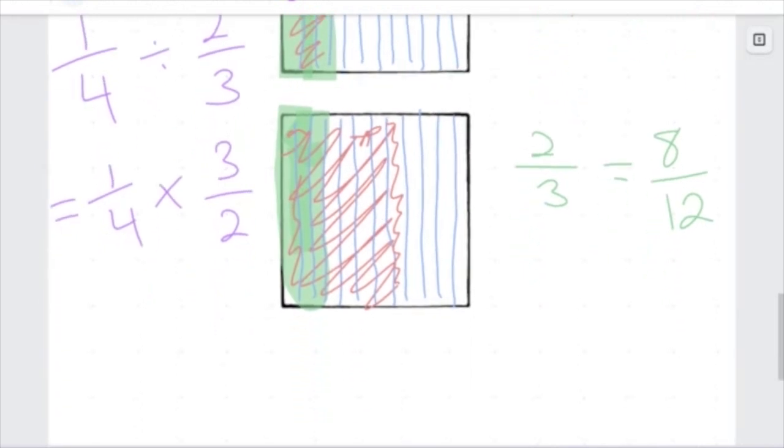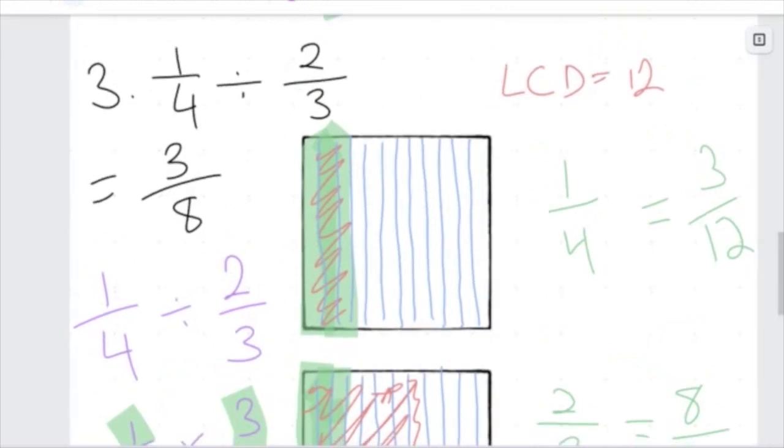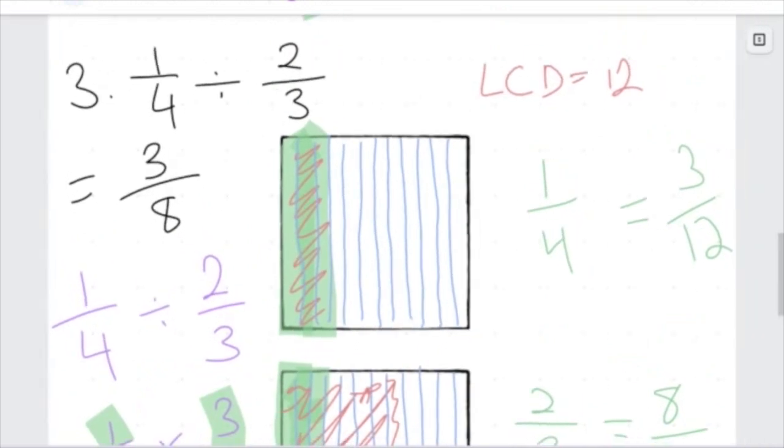Now, when I get this, once again, to multiply fractions, I multiply the numerators. 1 times 3, that gives me 3. And I multiply my denominators. 4 times 2 gives me 8. So once again, I've shown that a quarter divided by 2/3 gives me 3/8.